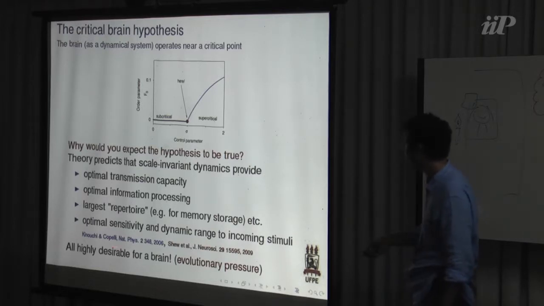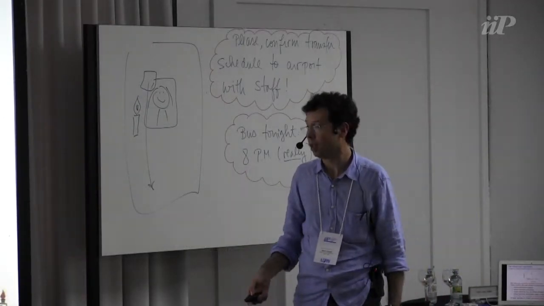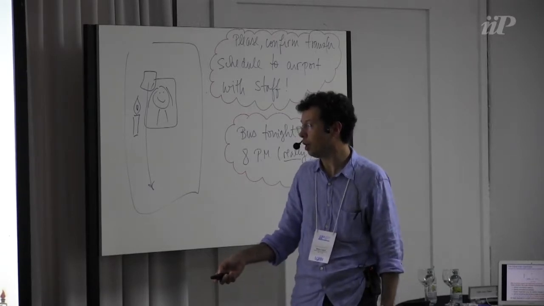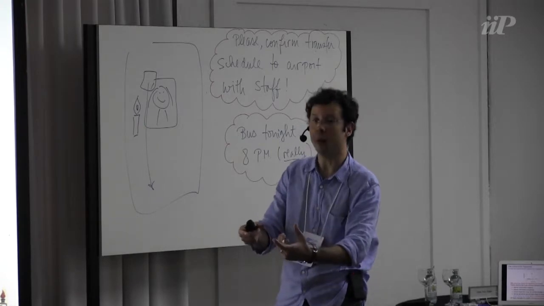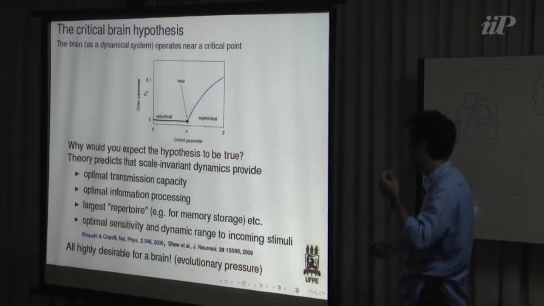What we showed with Osame Kinouchi is that you also have optimal sensitivity and dynamic range to incoming stimuli. This is the part where you're no longer necessarily talking about a slice that doesn't do anything, but an operating brain, which I think is interesting.